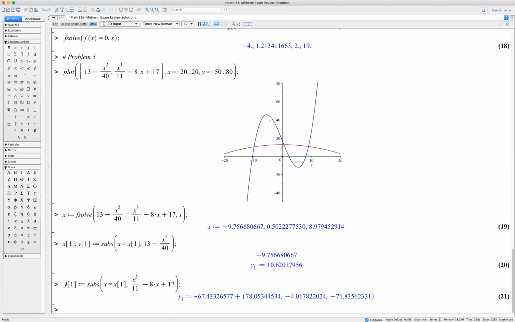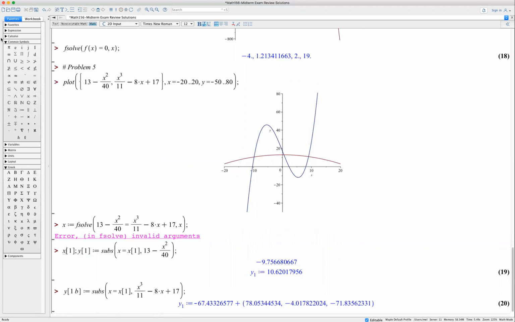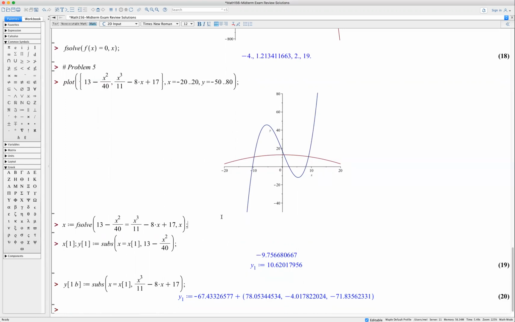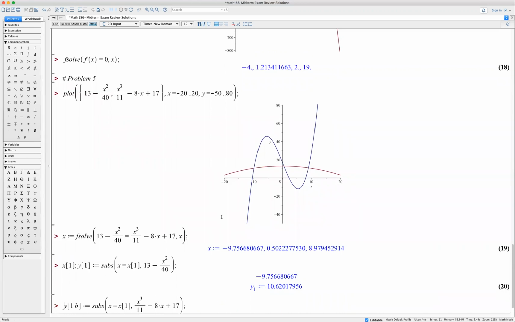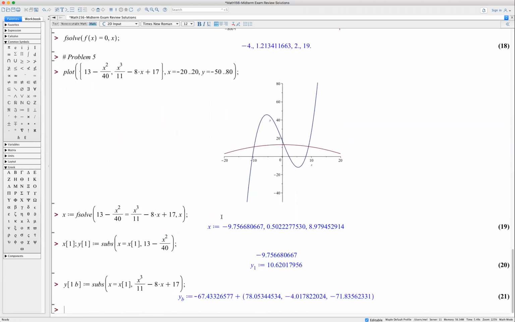I should just give this a different name. I'll call this B. So X, oops. Let me clear everything. So this is my function F. This is X1 and Y1.